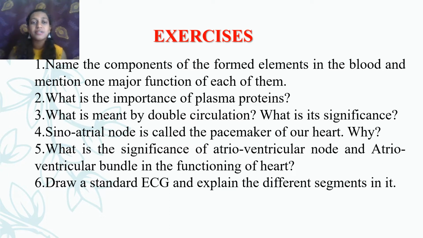It includes: name the components of the formed elements in the blood and mention one major function of each of them; the importance of plasma proteins; the double circulation, its meaning and its significance; why the sinoatrial node is called the pacemaker of our heart; the significance of the atrioventricular node and atrioventricular bundle in the functioning of the heart; and at last, the ECG, the different segments of ECG and their explanation.